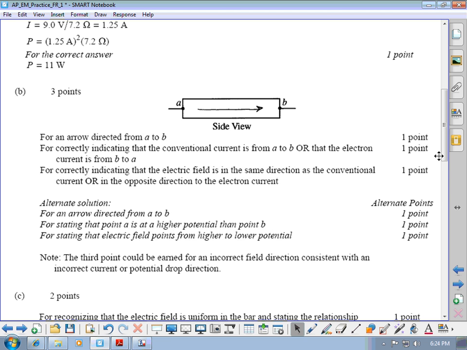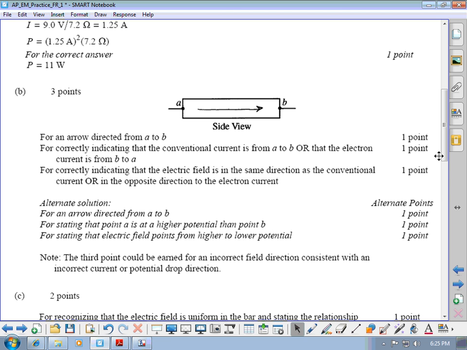So if you had your electric field backwards, and you said that it was backwards because you said that your conventional current was the opposite way, you wouldn't get any points for the arrow. You wouldn't get any points for saying the direction of the conventional current, but you could get one of the 3 points.